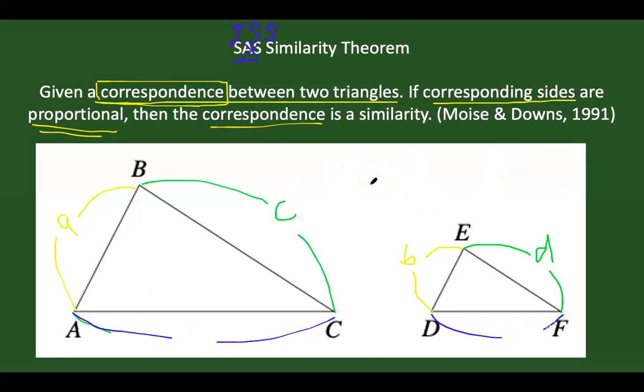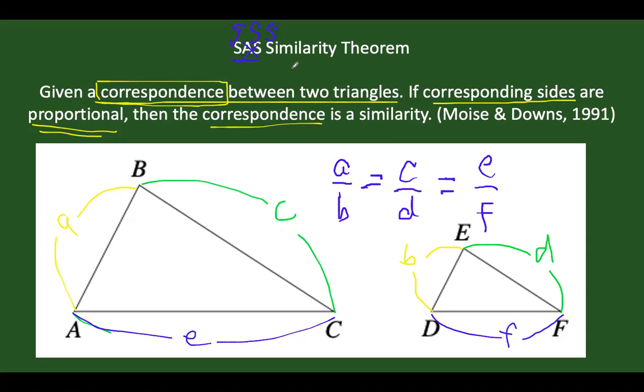And if we determined that these three ratios are equal, we can say that they are proportional, therefore these two triangles are similar. Again, by the SSS similarity theorem, it says here, given a correspondence between two triangles, if corresponding sides are proportional, so they are already proportional, the ratios are equal or congruent, then the correspondence is a similarity.